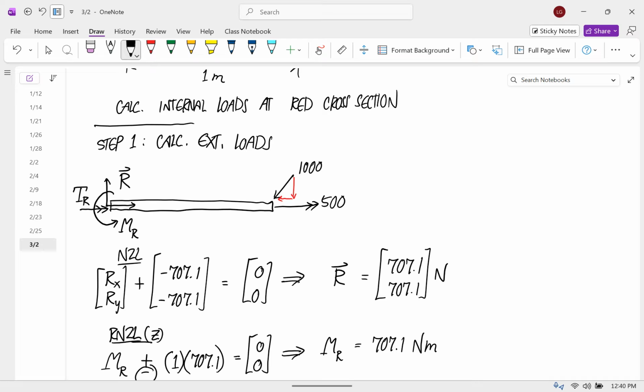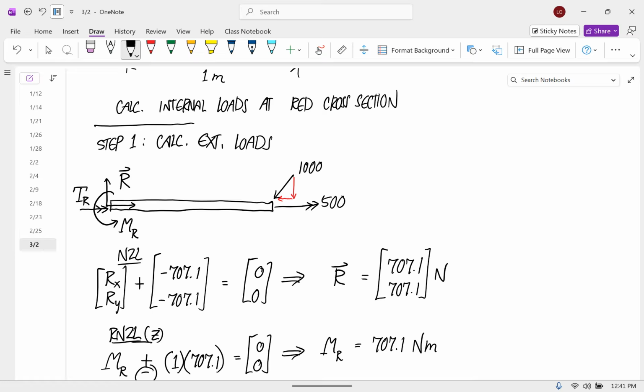How do we calculate the moment? The moment, MR? Okay, so on a horizontal beam like this, vertical forces can produce moments, horizontal forces can't. So the moment is going to be the moment arm times the force.